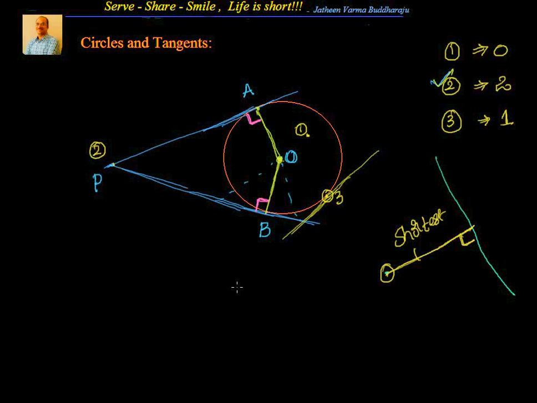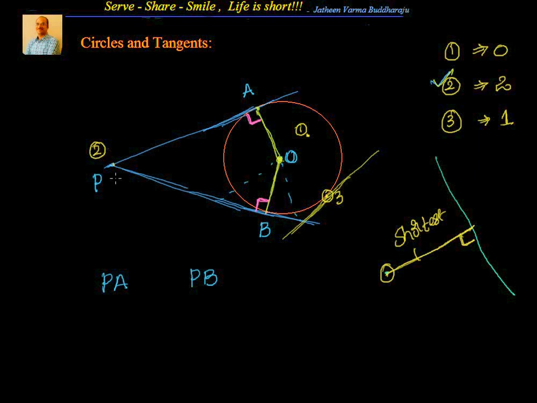Now let's focus on this particular scenario and see what is the relation between these two tangents. What is the relation between tangents PA and PB? We are looking into the scenario where the tangents are drawn from an external point P to the circle with center O. What is the relation between PA and PB?